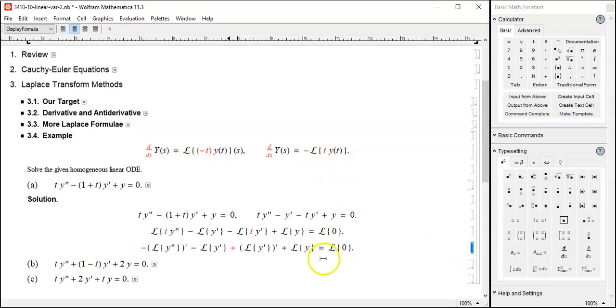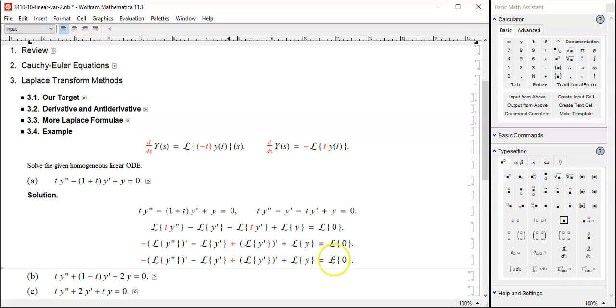Okay, let's do further computation here. Easy things first. The Laplace transform of 0 is of course 0. The Laplace transform of input function small y is capital Y. And how about this one? Something we had been doing all the time. Input derivative rule, excuse me. I hope everybody remembers this.